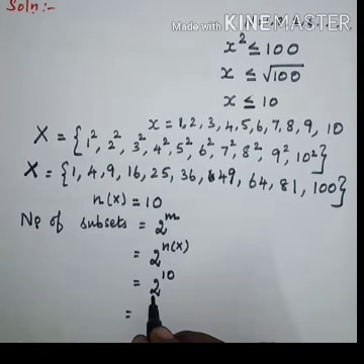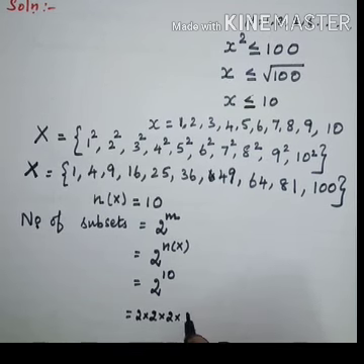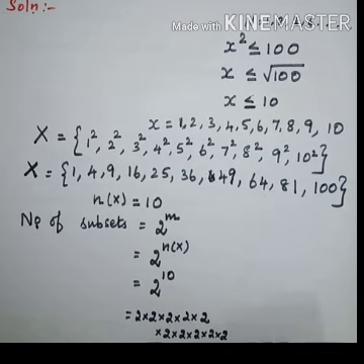So we have to multiply this 2 by 10 times. That is 2 into 2 into 2 into 2 into 2 into 2 into 2 into 2 into 2 into 2. We got 1024.